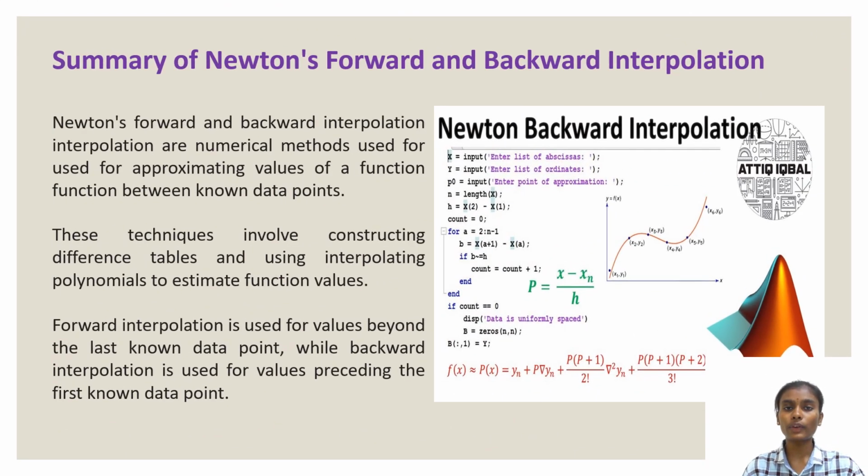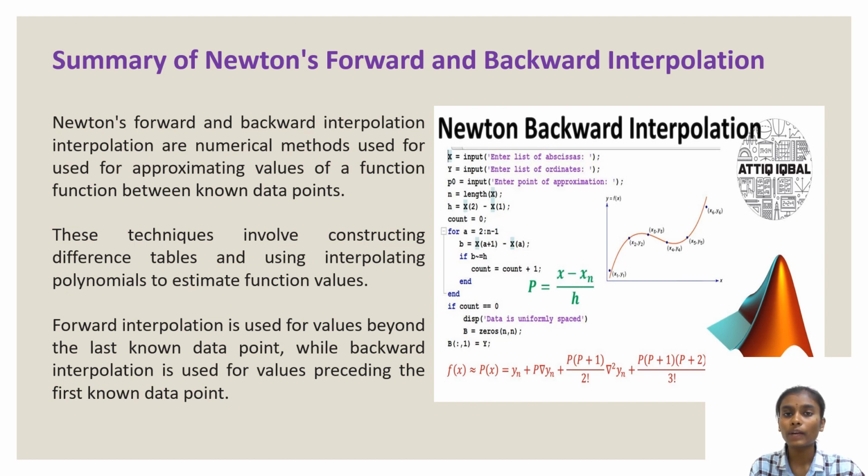Conclusion: Newton's forward and backward interpolations are powerful techniques for approximating values between known data points. They provide a simple and effective way to estimate values in scientific and engineering applications. Understanding these methods is essential for solving interpolation problems efficiently.